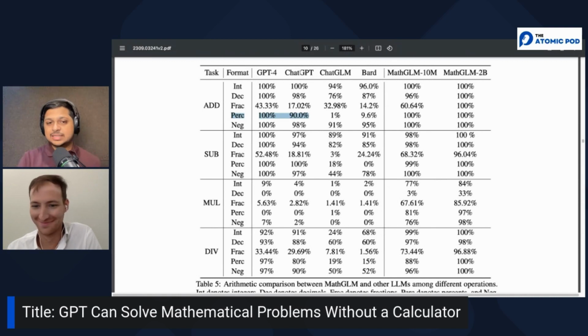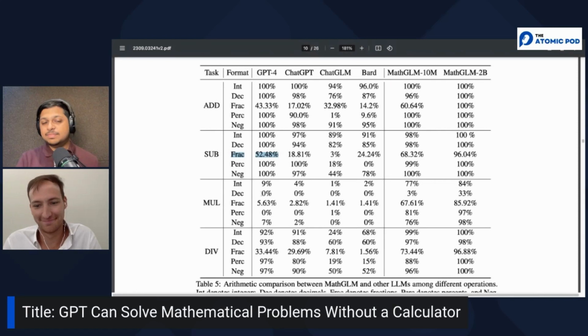Even GPT-4 works only 52% of the time for a fractional subtraction operation, like how much is 3/4 minus half. That's pretty scary, because something at such an underlying level of the modern digital era is so bug ridden and so low on accuracy.